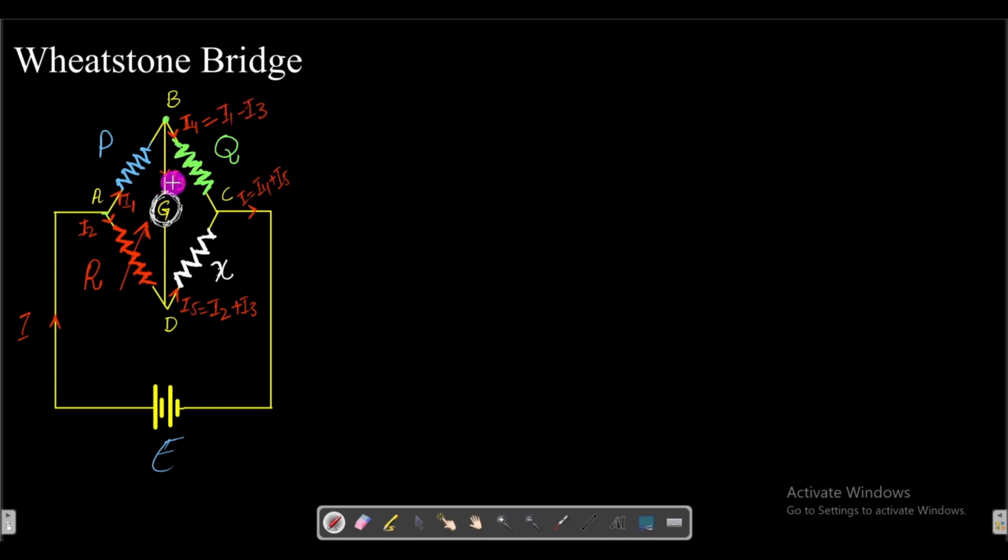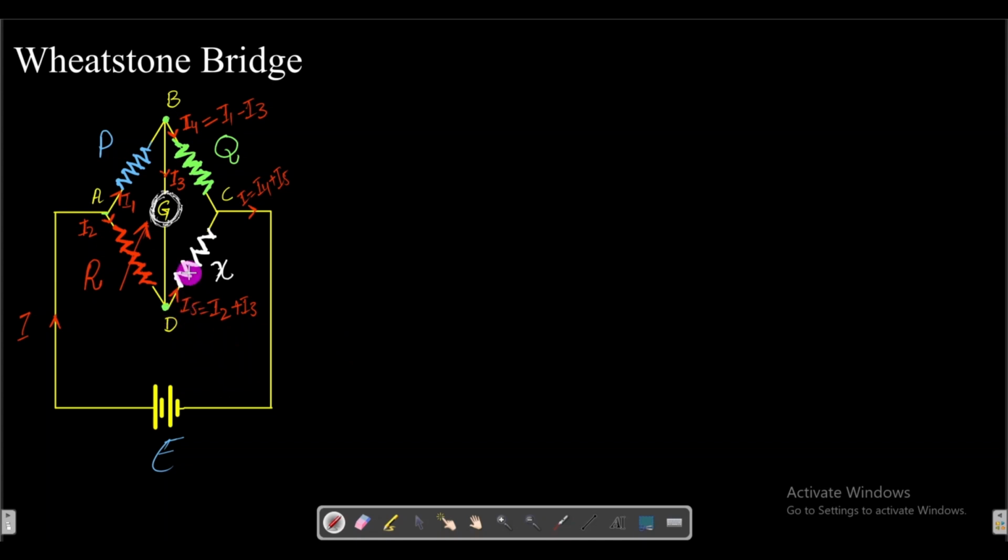And in the same way, here the current is divided into I1 and I2, and this I2 will go ahead. From this part the current is I2, and from this part the current is I3, and here they will be combined at this junction according to Kirchhoff's current law.